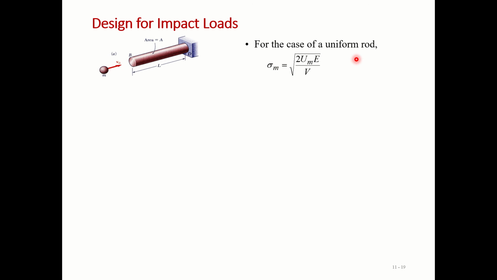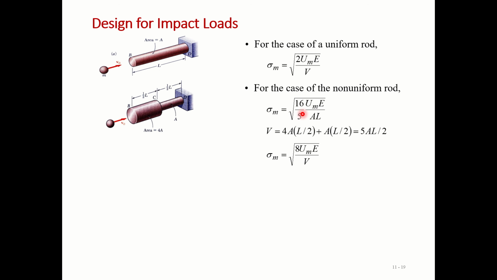So for the case of uniform rod, we have 2UmE over V. For the case of non-uniform rod, we say that sigma m is equal to 8UmE over V. So we are noting that the stress is increasing when we have different cross sections of any object.